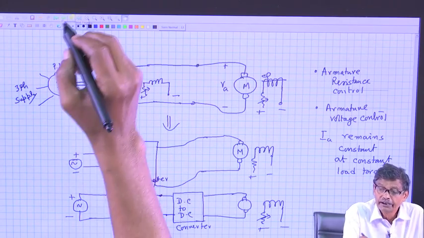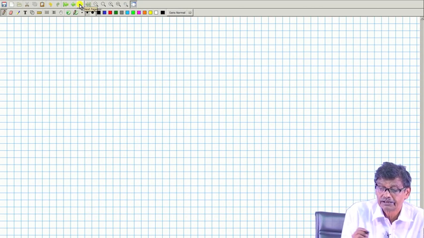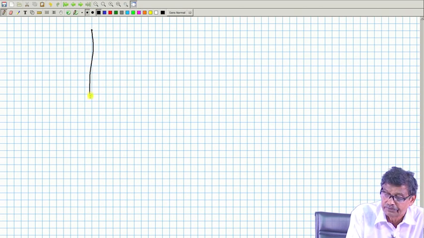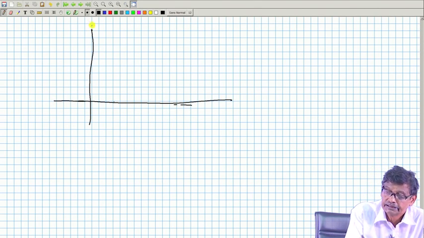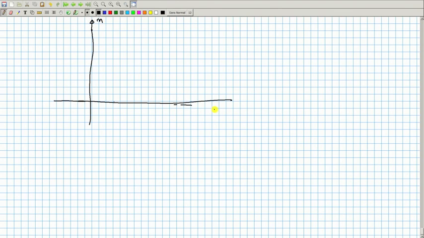This is an interesting point, so that you can analyze on your own what is going on. This is the speed, this is IA or torque, this is the no load speed at VA rated, and this is IA rated. A machine is operating here.